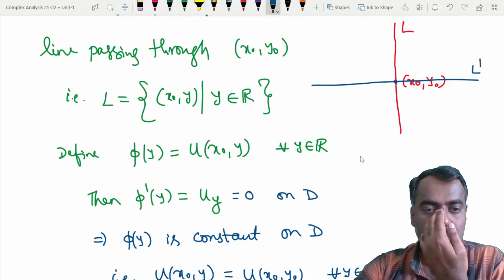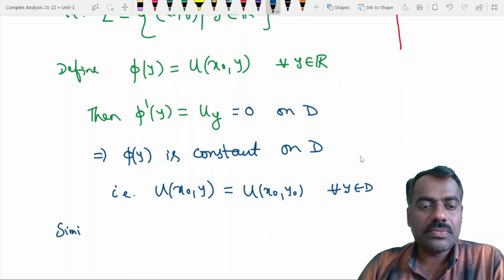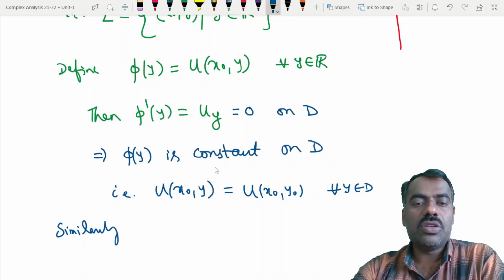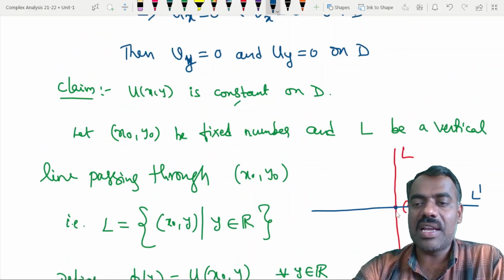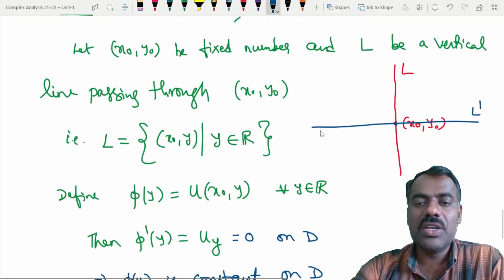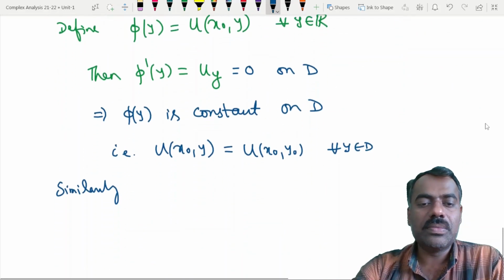So similarly, just as phi is constant on the vertical line, you can prove that this is constant on the horizontal line also. Clear?